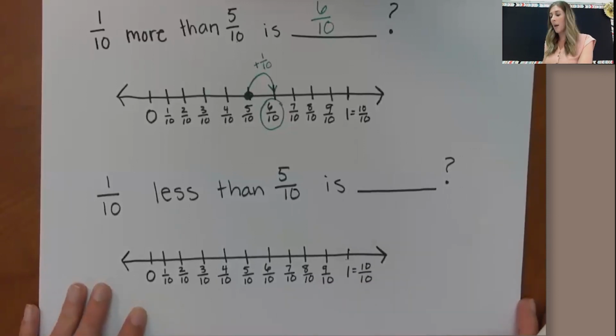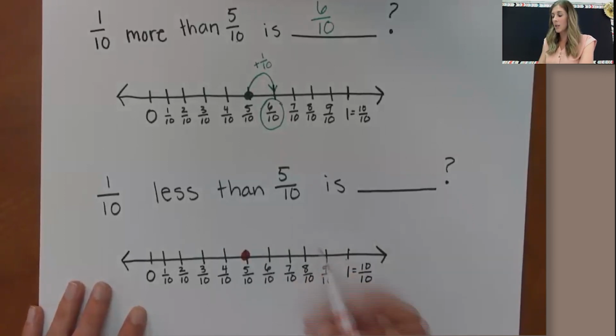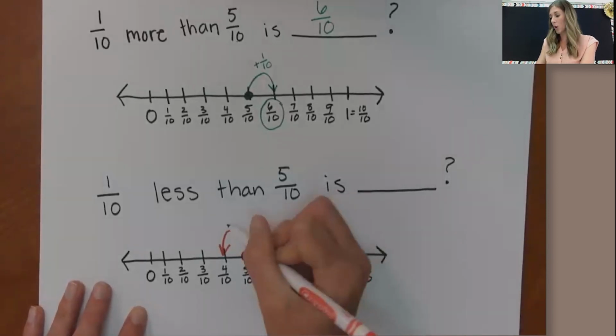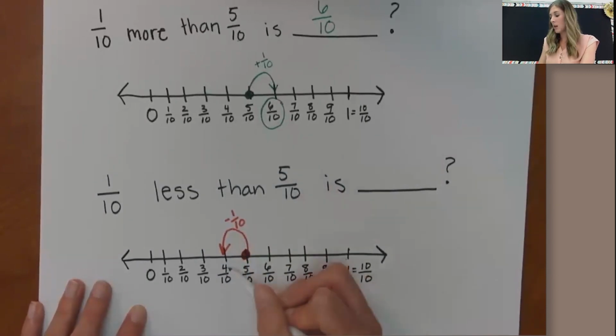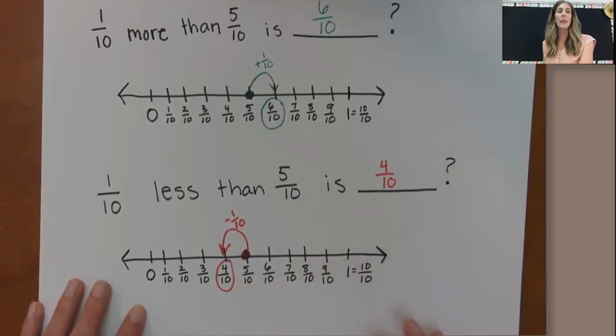So this time I'm going to find 5/10 on the number line, but I'm looking to see what number is 1/10 less than 5/10. So this time I'm going to go down on my number line because I'm getting smaller. I'm taking away 1/10. So we can see that 4/10 is 1/10 less than 5/10.